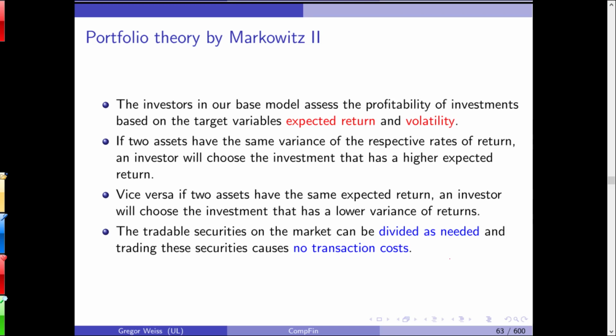Now investors in our base model assess the profitability of investments in a very simple way. They only look at the expected value of the stock return and the volatility of the stock return. In statistical terms, again, expectation and variance or volatility. Erwartungswert, Standardabweichung, Volatilität oder eben Varianz. One quick reminder: in English, expectation sounds a little bit like prose.